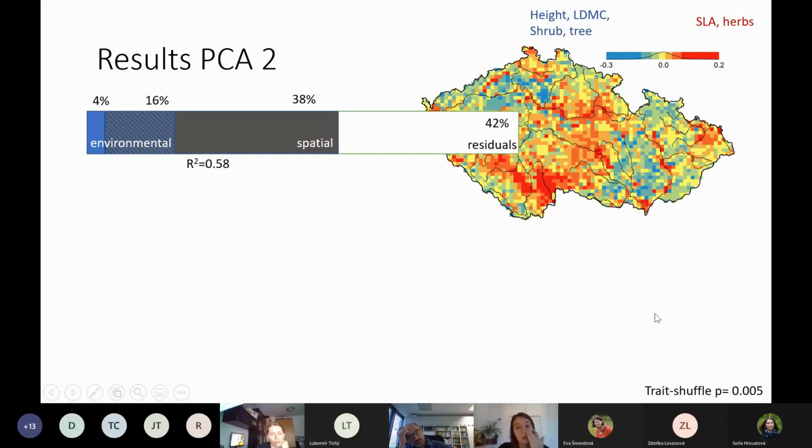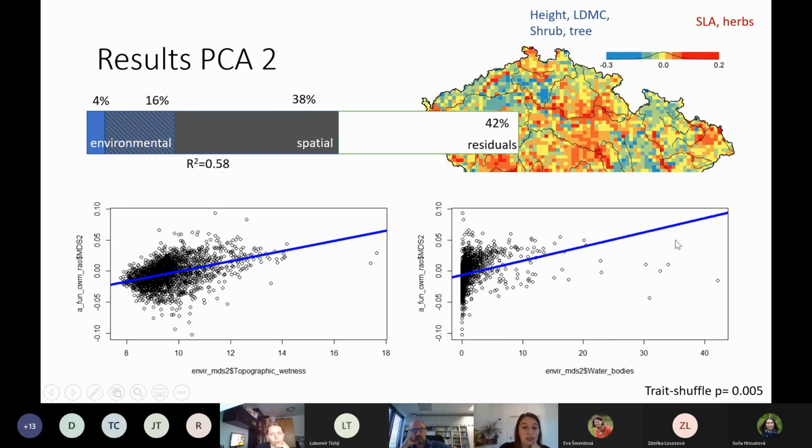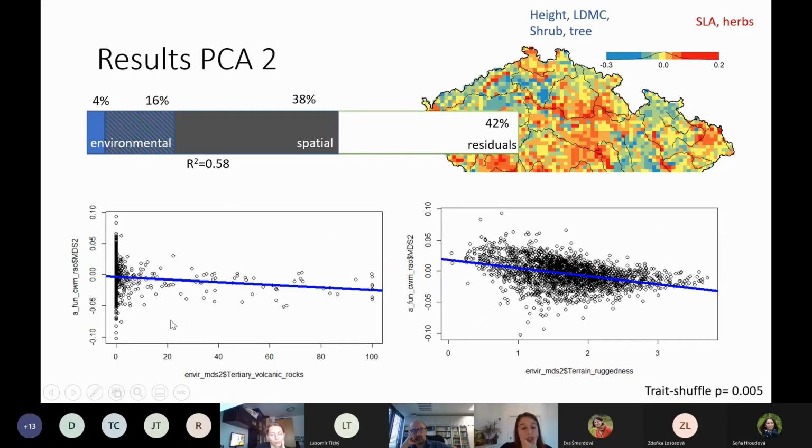For PCA2, we also have a great explanation from the spatial component and the shared component. It's responding to the topographic wetness and the percentage of water bodies, and negatively related to this axis we have the bedrock, tertiary volcanic rocks, and the terrain ruggedness.